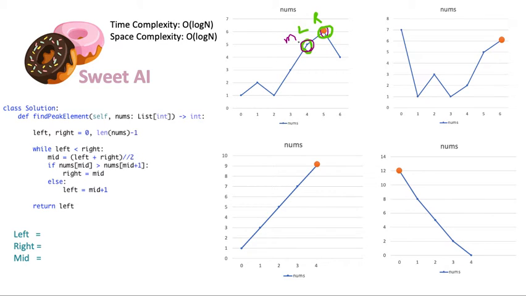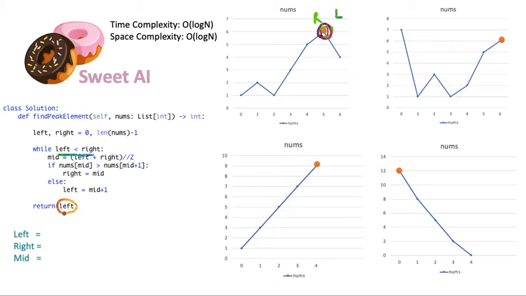And we are going to check if this middle is bigger than the middle plus 1, and 5 is smaller than 6, so we are going to update the left pointer, which is going to be here. So the left pointer is going to be updated to mid plus 1, and now the left pointer is not smaller than the right pointer anymore, so we don't iterate anymore.